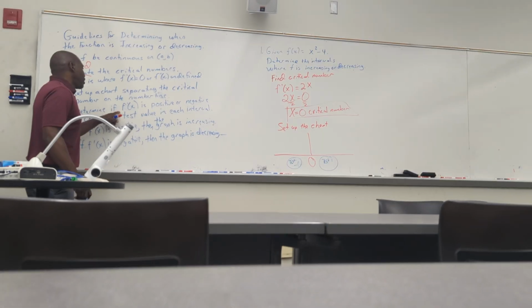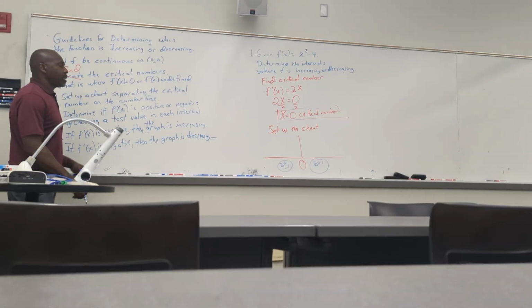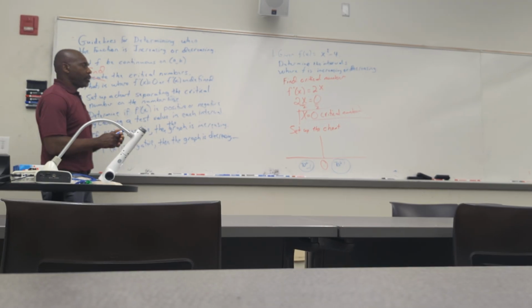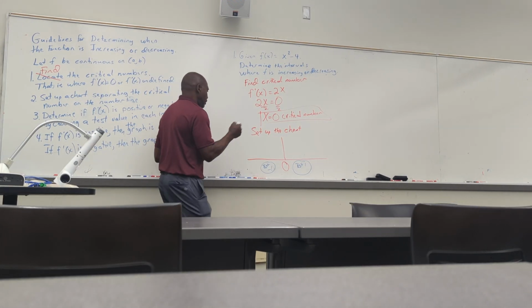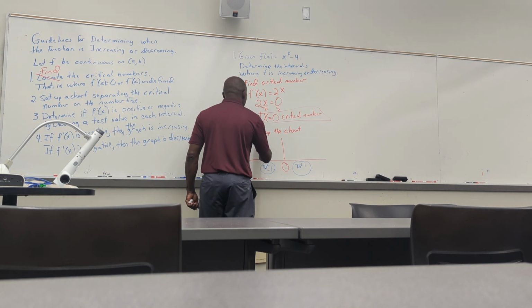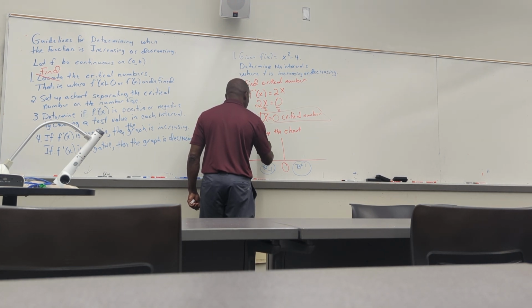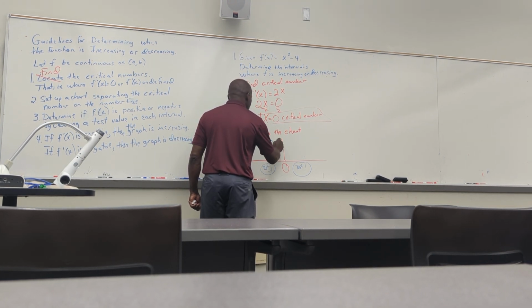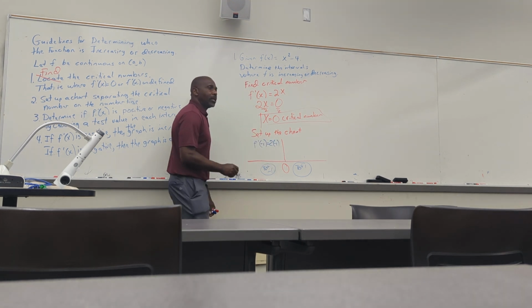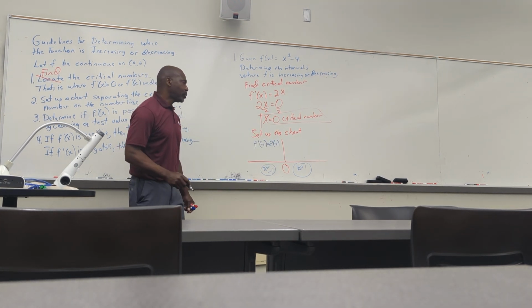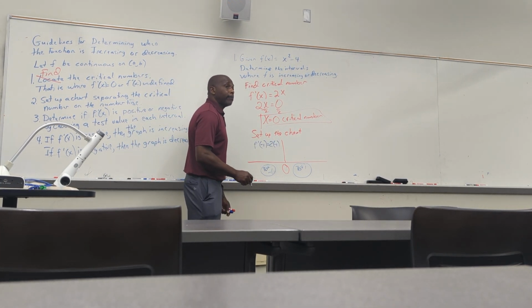It says determine if f prime of x is positive or negative. You good, class? So all we have to do now is find f prime of -1, which is 2 times -1. And what's 2 times -1? -2.